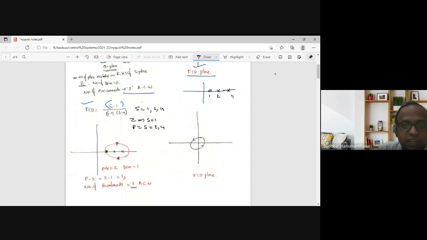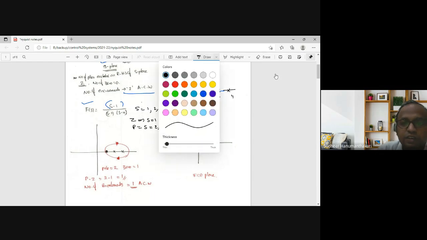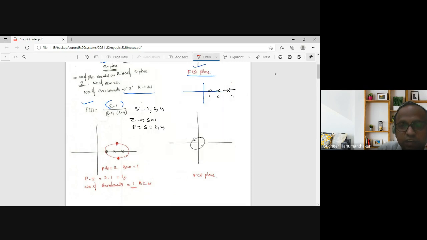Now I'll take a contour which encircles all three roots of the equation, or else we can say it encircles both zeros and poles. How many poles are there? Two poles. How many zeros are there?